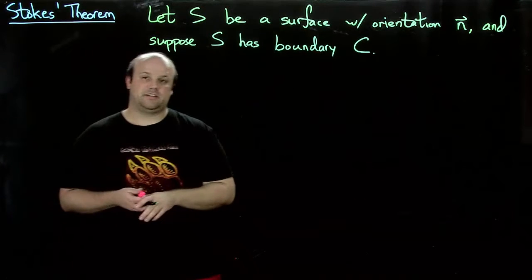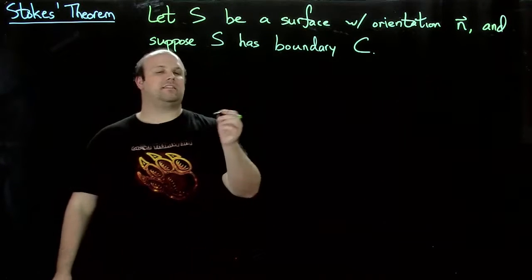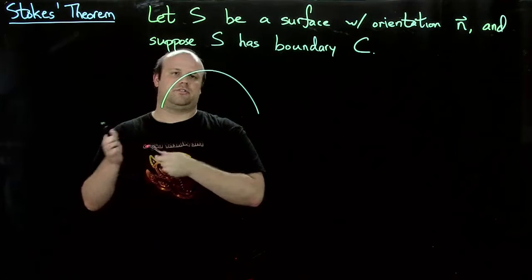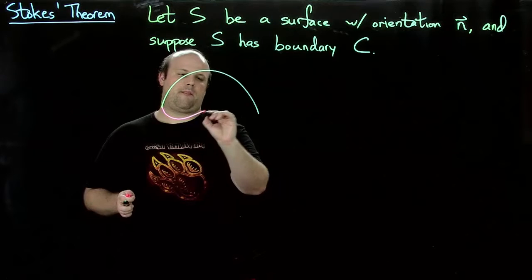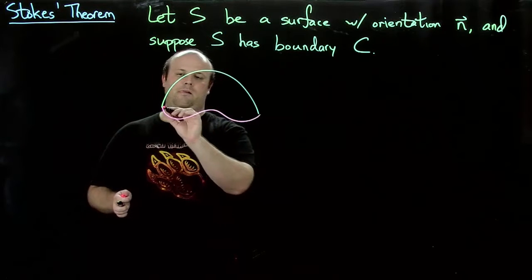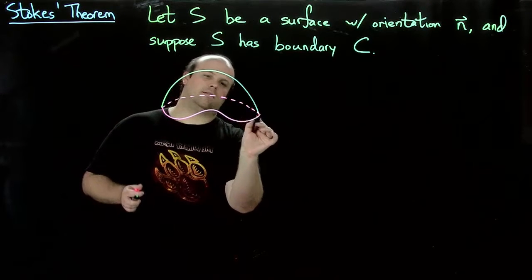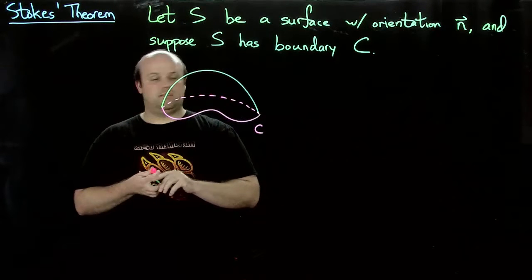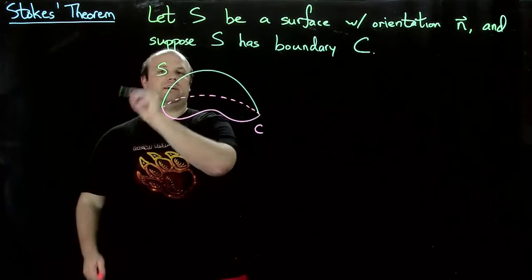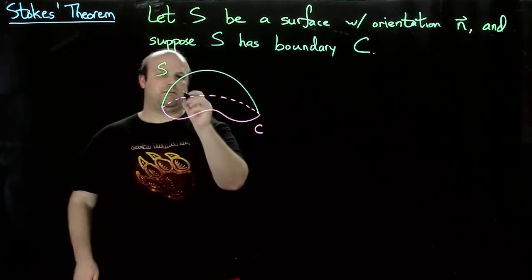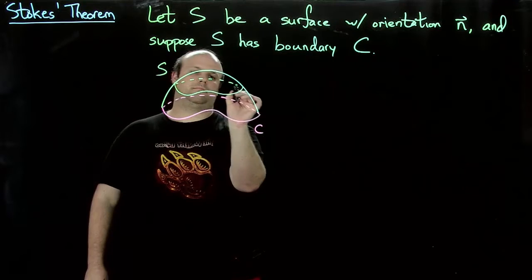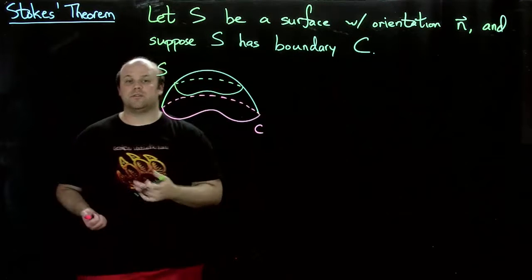So what does that look like? Well, it might look something like this. So let's say here's the surface. Let's draw in the boundary here. So C is the green part, is the boundary, right? Then we have S up here, and again, S. Let's say that's our surface.